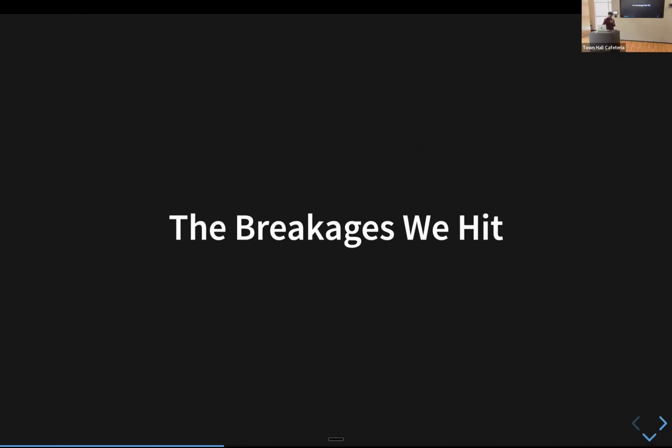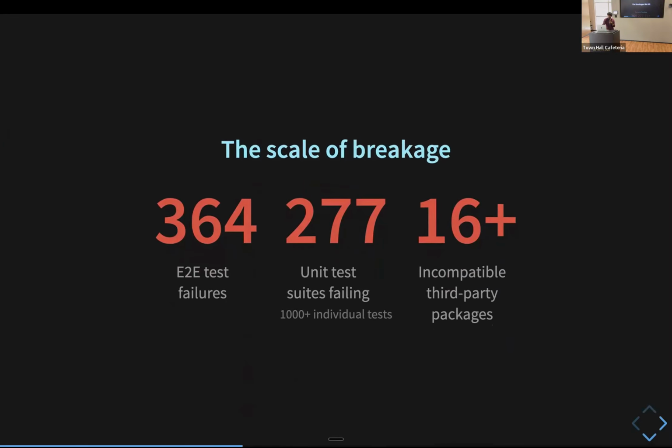So let's look at the things which break with this particular upgrade in detail. In our case, we had a lot of E2E failures which we had to fix. Same thing for unit tests, and third-party packages are a completely different story. You would have a lot of incompatible packages which don't work at all with concurrent mode.